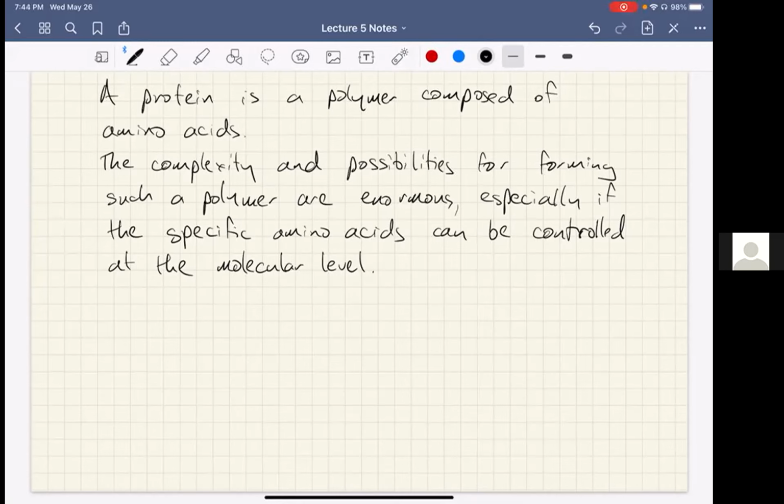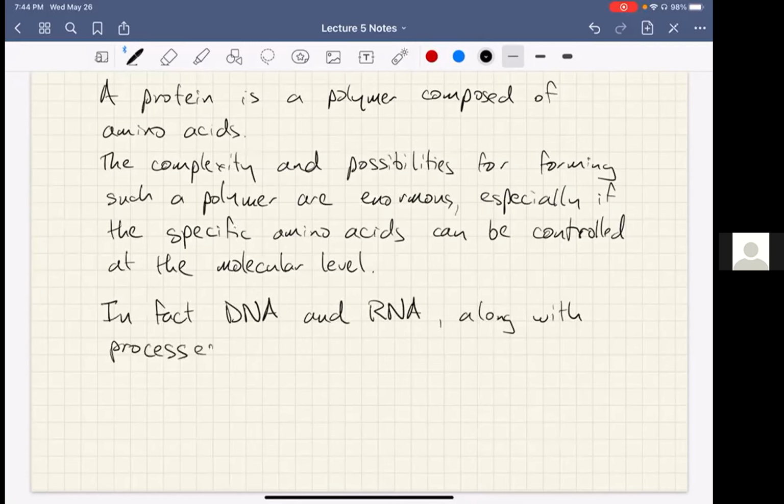And that is the basis of genetic biochemistry, is that in fact, DNA and RNA, along with processes called transcription and translation, do exactly this.